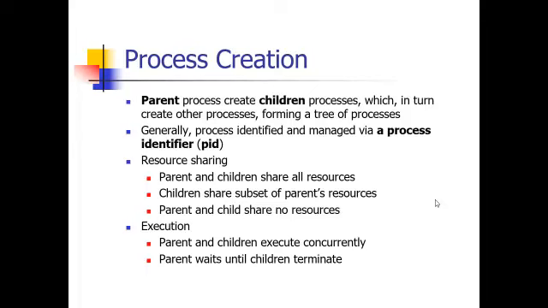For an example, if the user wants to save the document, then it creates another child process to save the document, and without saving, the parent process cannot terminate. So it has to wait until the child process completes, then the parent can terminate.